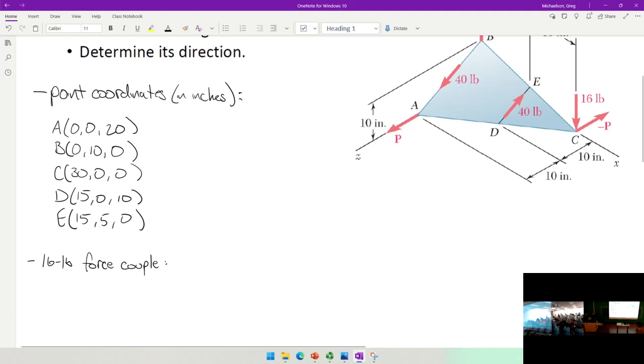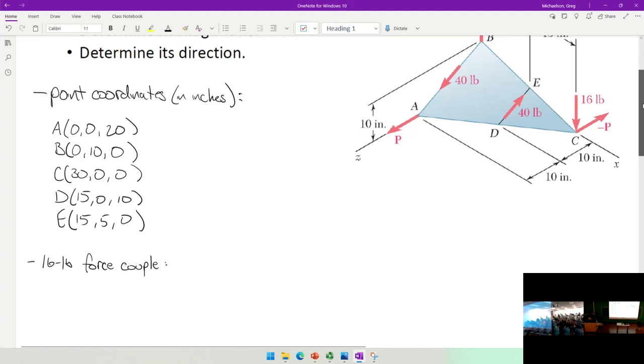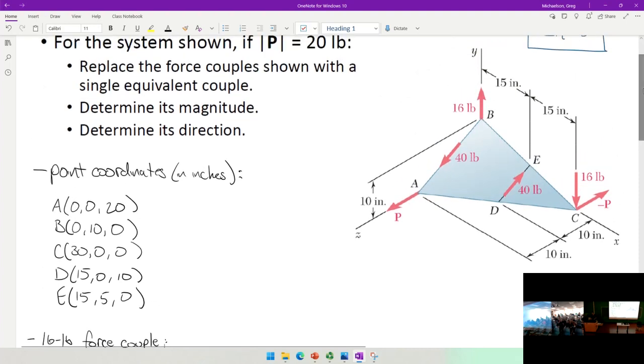I want you to help me out with something. Look at this problem and tell me about what axis that 16-pound force couple causes rotation. Is it the x-axis, the y-axis, or the z-axis? The z-axis, right? Because 16 is going up, 16 is going down this way, so the rotation is going to rotate around the z.